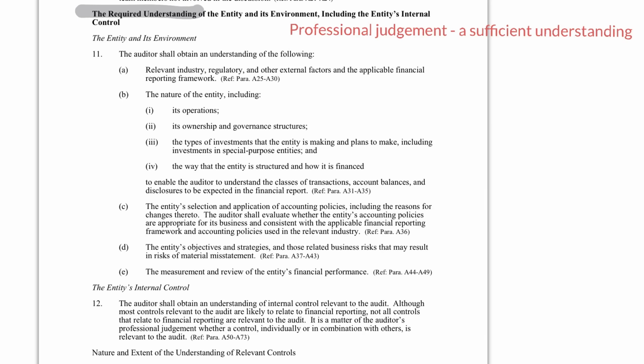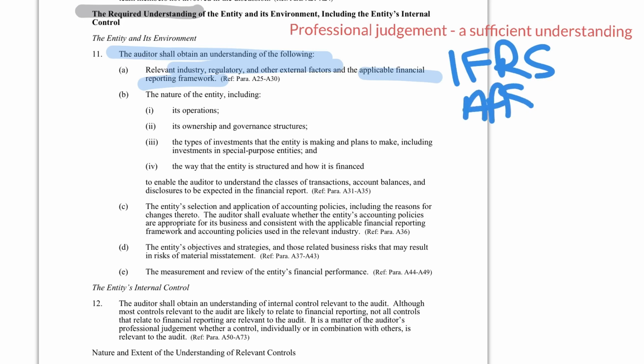So the auditor has to use their judgment to decide how much is enough. What sort of things do they recommend? The auditor shall obtain an understanding of the following. The first one is industry, regulatory and other factors, and the applicable financial reporting framework. Now in our instance, that's going to be the AASBs or IFRS, if you're an international viewer.